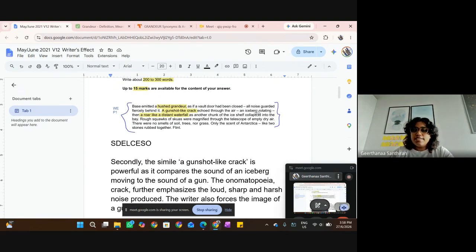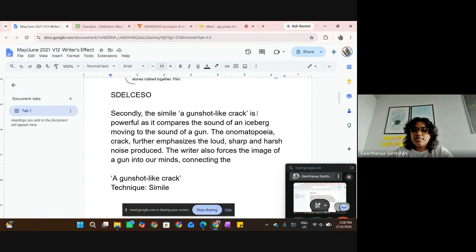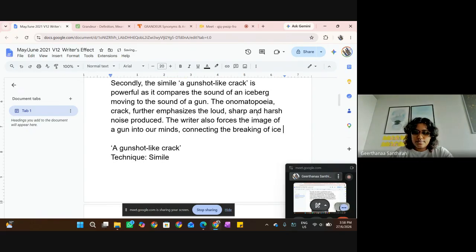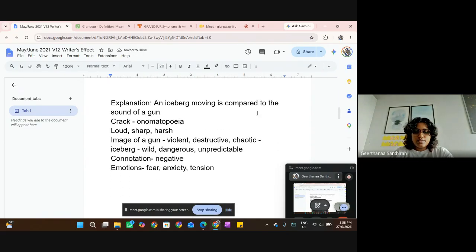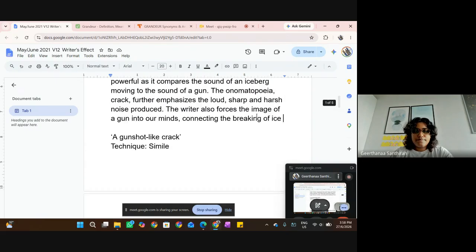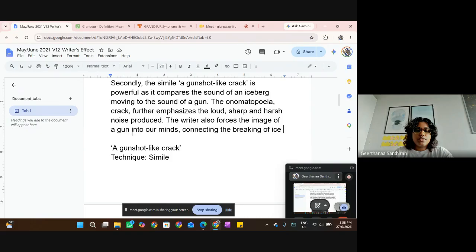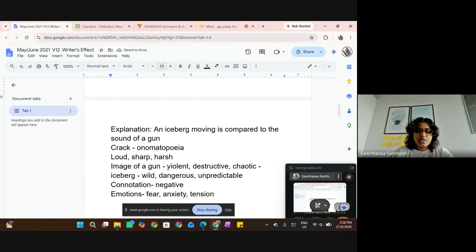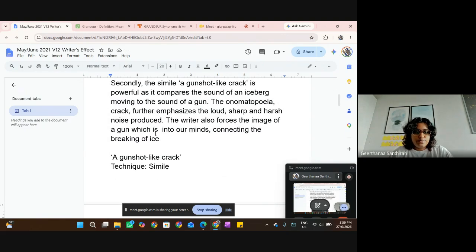Breaking an iceberg, rotating. Okay, I can say breaking, connecting the breaking of ice to something wild, dangerous, and unpredictable. Okay. Writer forces the image of a gun which is violent, destructive, and chaotic. So you can do both.